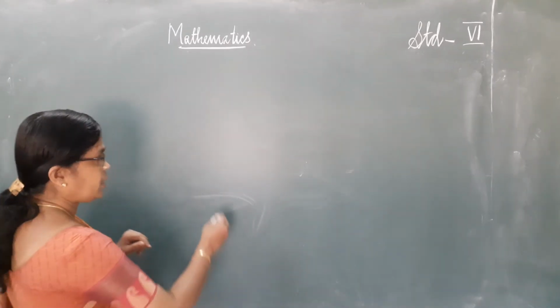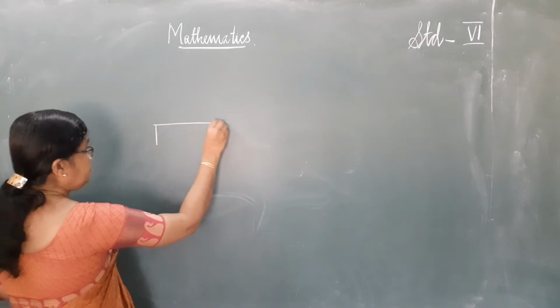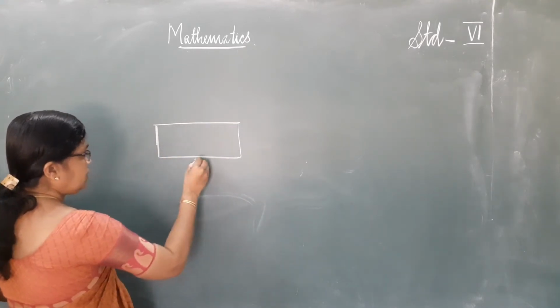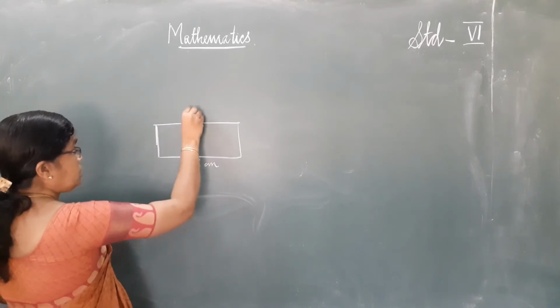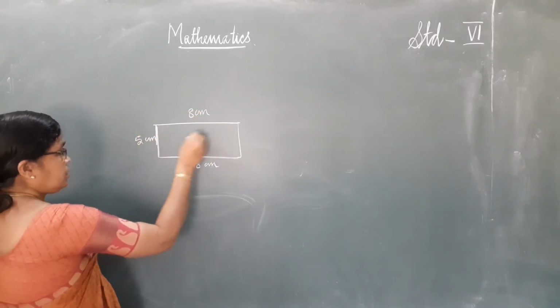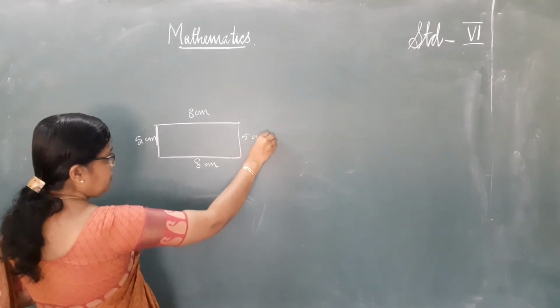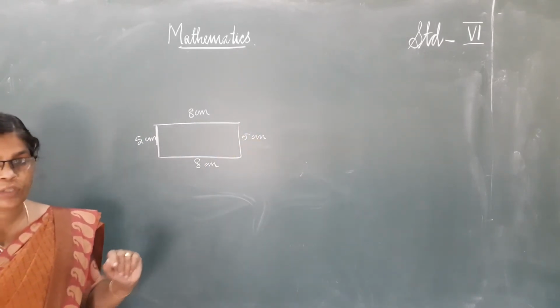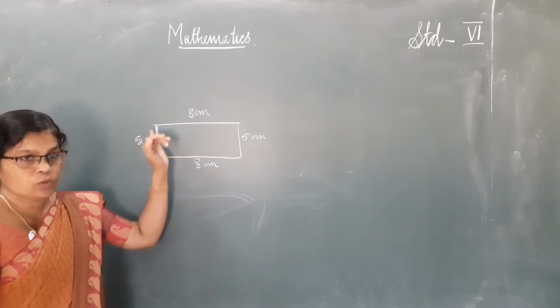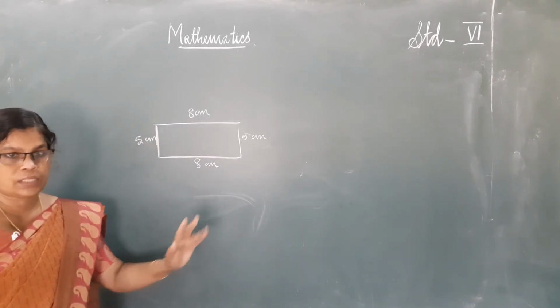Now let us find the perimeter of this rectangle. It is 8 centimeter. This is also 8 centimeter. 5 centimeter, and this is also 5 centimeter. In a rectangle we know that this is the length and this is the breadth. Right? So, how will you find the perimeter of this rectangle?